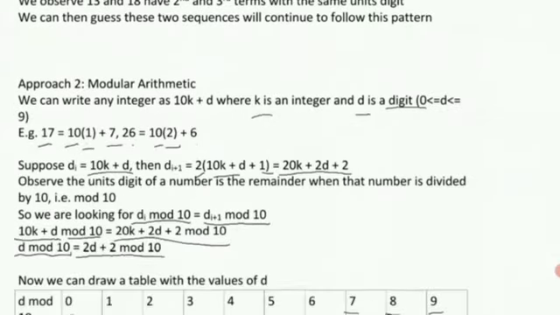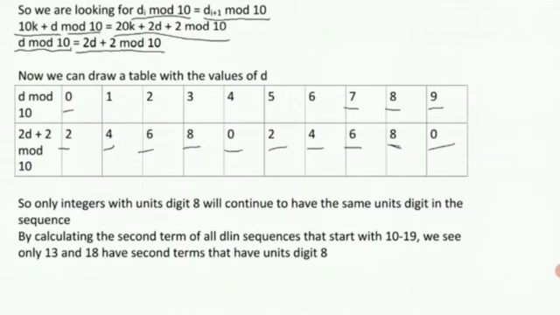And so we can conclude that there are only two possible first terms, namely 13 and 18, that will have second terms that have units digit 8. And those are the only two sequences which will have the property asked for in the question.